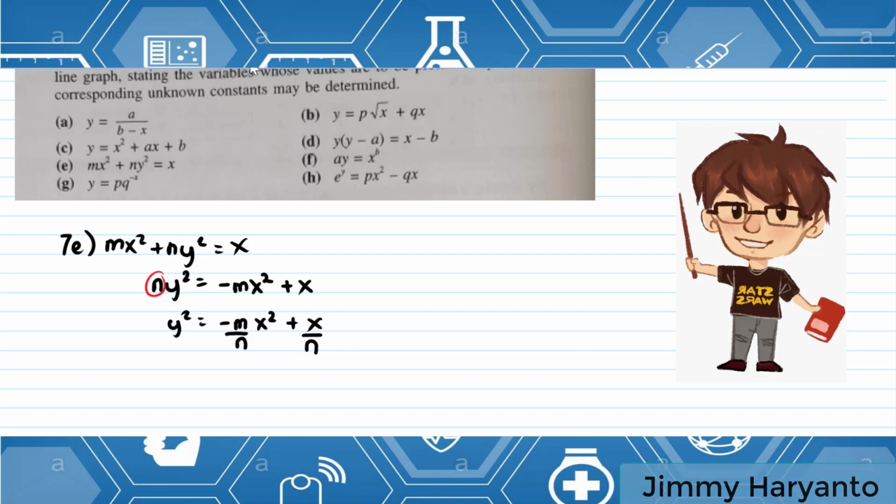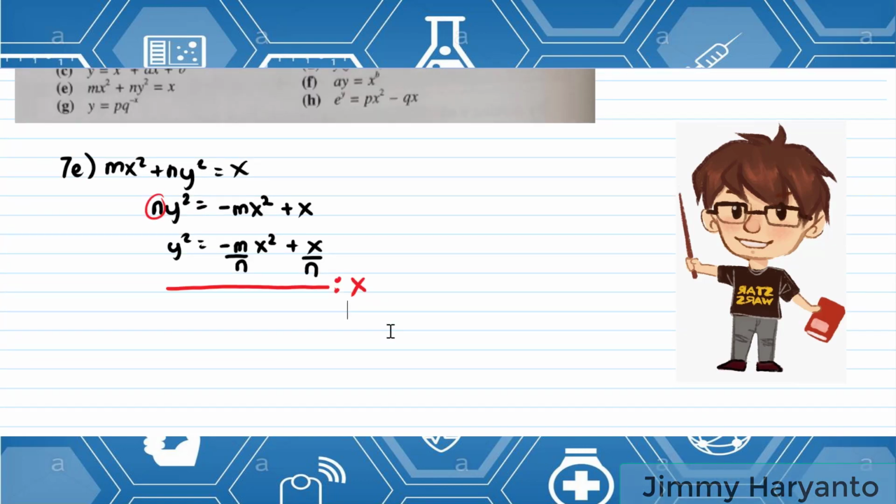To make it y equals mx plus c, I think I have to divide them all by x. So I will get y squared over x equals negative m over n times x squared divided by x, which is x, plus x divided by x, which is 1 over n. There you go.